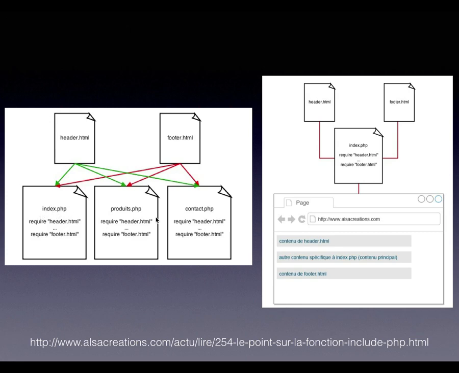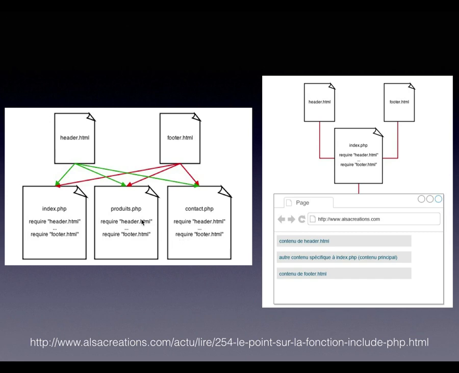We can imagine 3 different PHP files here which represent 3 different pages: an index page, a products page, and a contact page. Rather than having the HTML code for the header and the footer in each of these, we split it off into a header.html and a footer.html, and to include these we simply have one line of PHP for each one: require header.html, require footer.html in each of these.